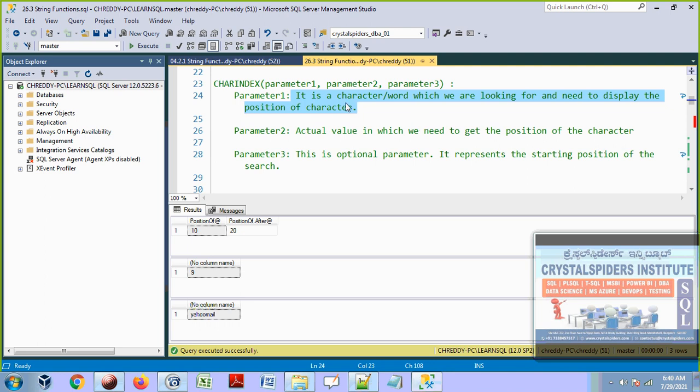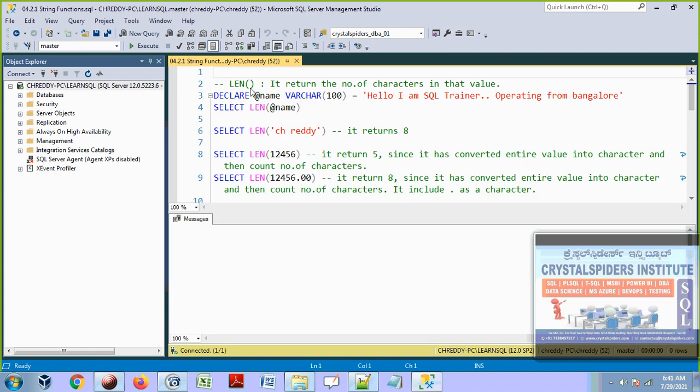Parameter 2 is the actual value in which we are looking for the character. Parameter 3 is optional. If you specify parameter 3 with some position, then it will start from that position onwards. Okay guys, so this is CHARINDEX, and now we are going to see the len function.